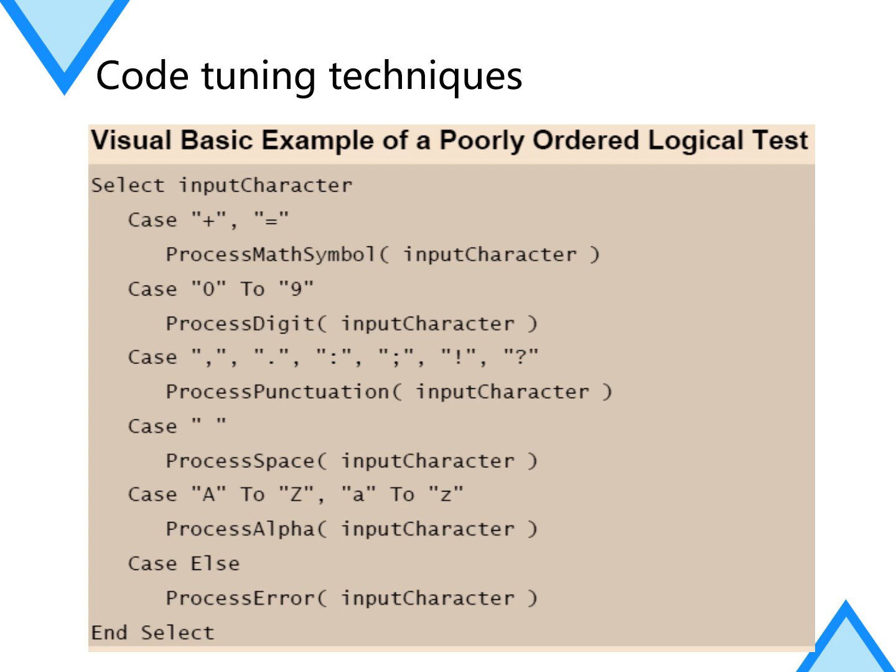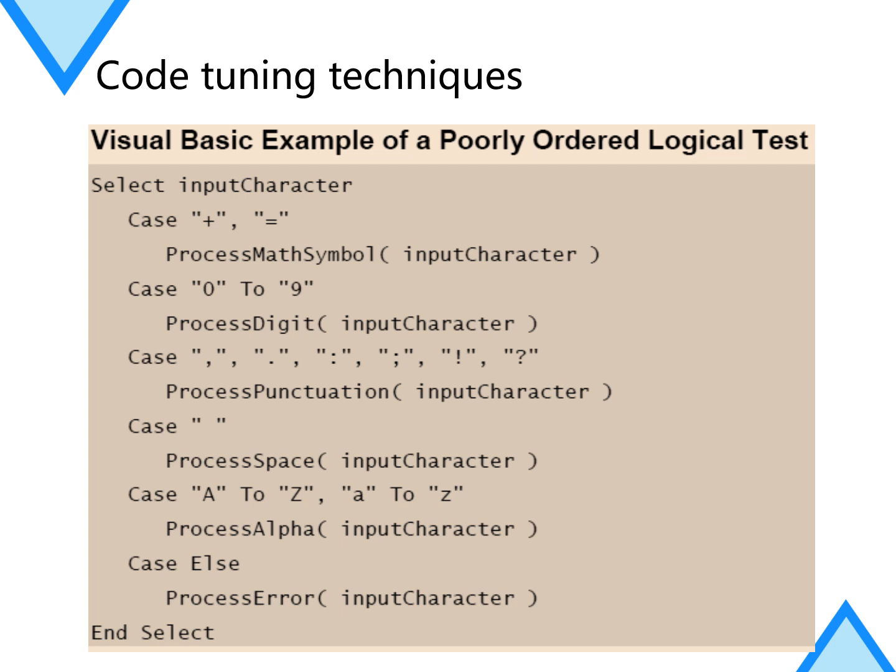So in the normal case we use characters more than numbers, and we even use functions more than numbers. So this is an example of a poor order of logical tests.